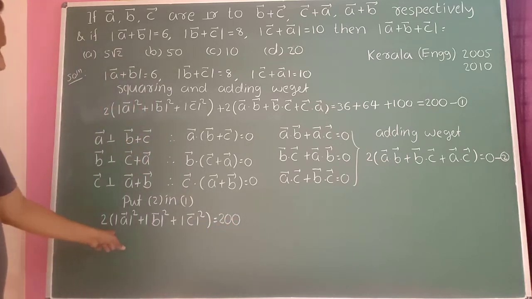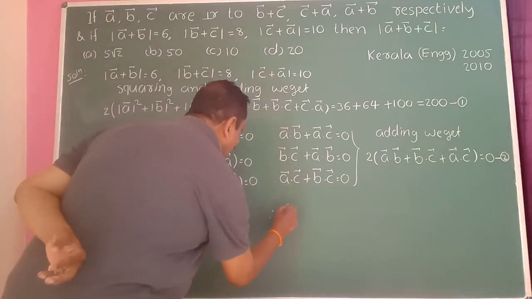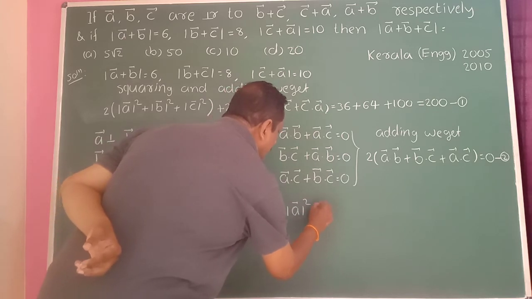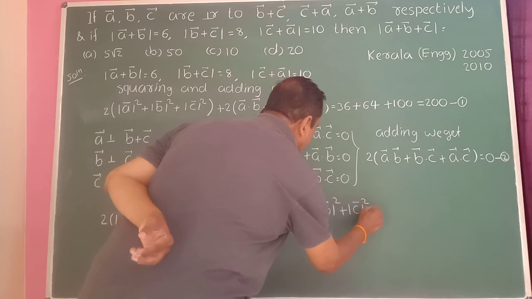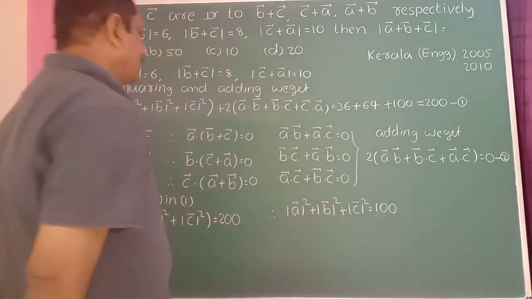Take 2 to the right side here, 200 upon 2 becomes 100. Therefore, modulus of a bar square plus modulus of b bar square plus modulus of c bar square is equal to 100.